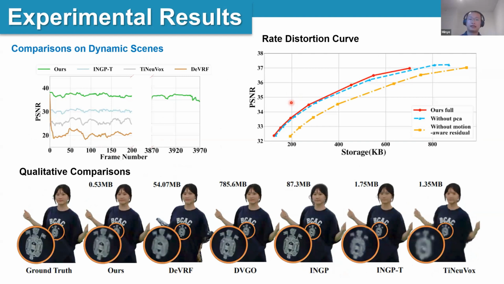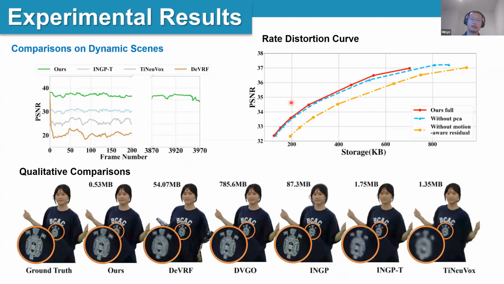Let's take a look at the experimental results in dynamic scenes. Even with data which has around 4,000 frames, ReRF consistently maintained high quality outputs.